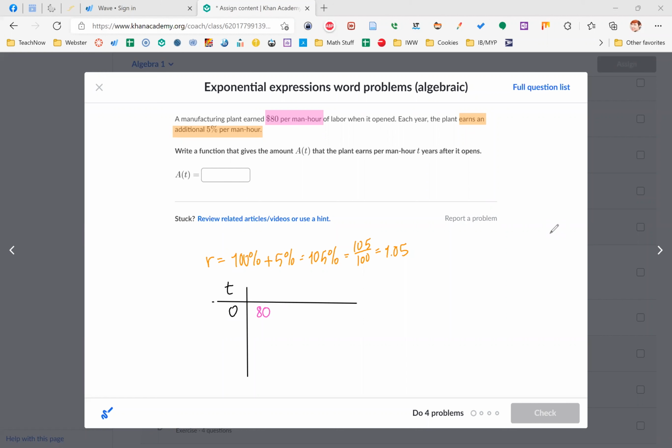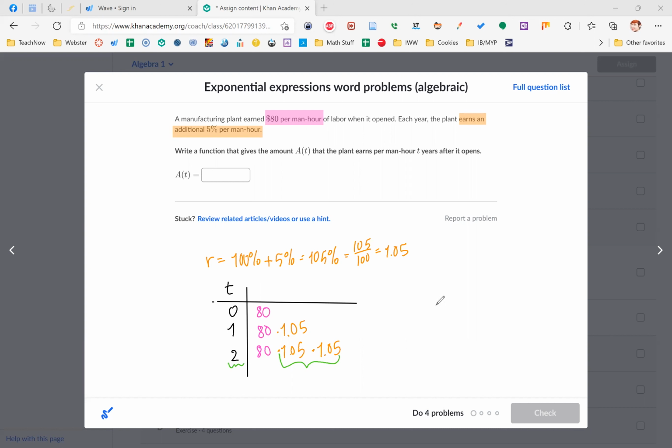And then every year after that, we have to multiply that 80 by 1.05. So after 2 years, I have the original 80. It already increased by 1.05, and I multiply it again by 1.05. And you'll notice a pattern here that each time the number of times I am multiplying 1.05 is the same as this number.